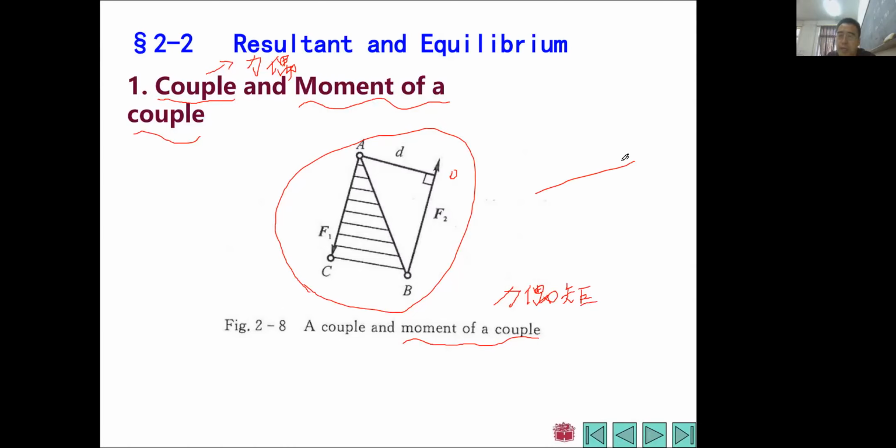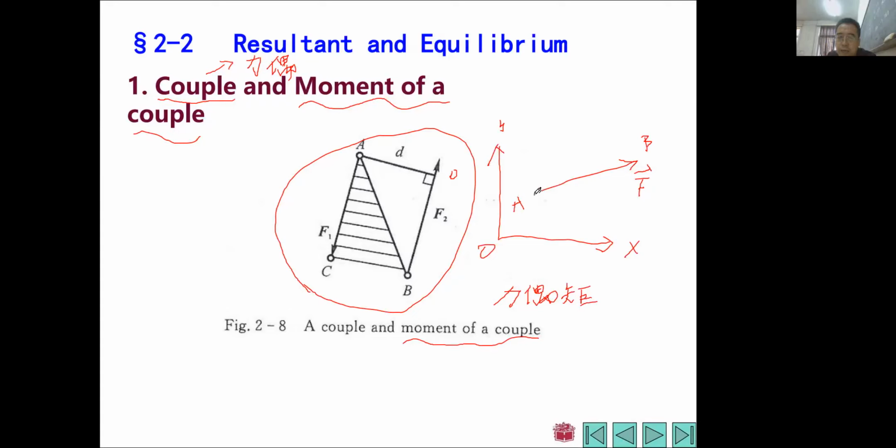Let's say I give you a force F here, maybe use AB. So if we have a coordinate system, actually we have learned this in the first chapter. You have an impression.